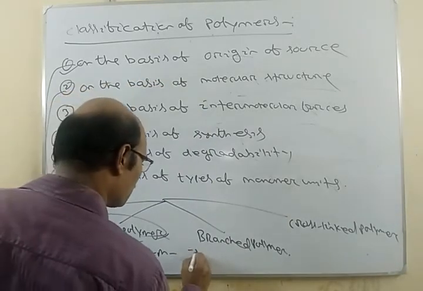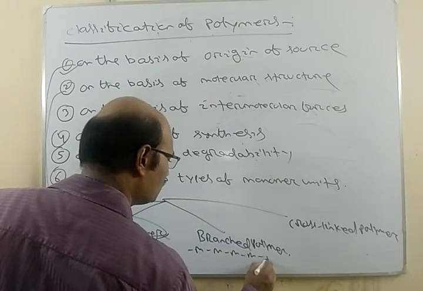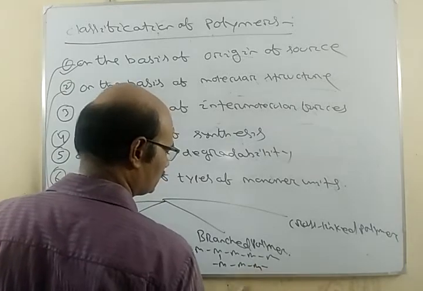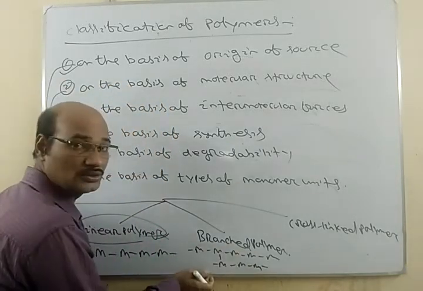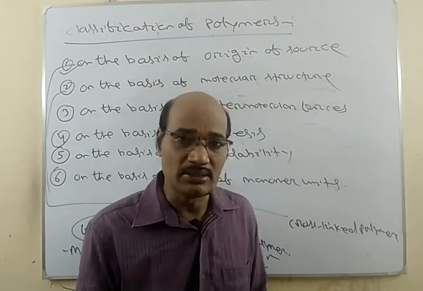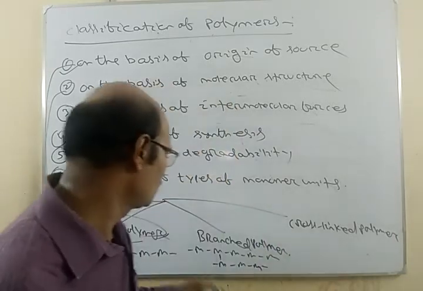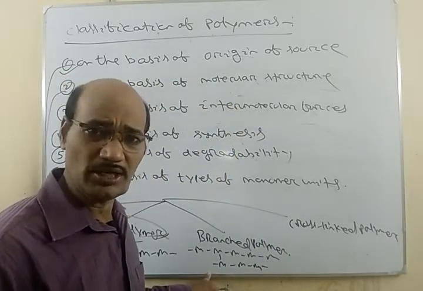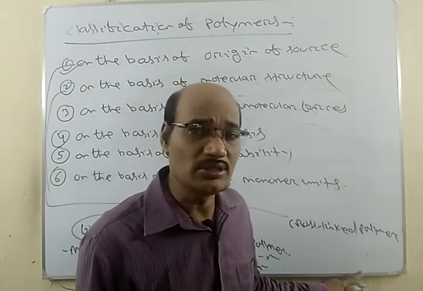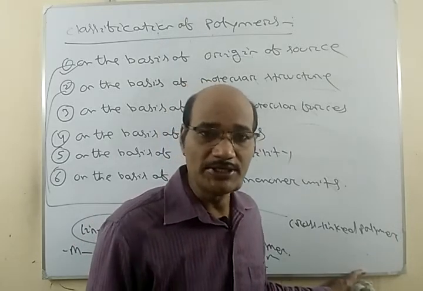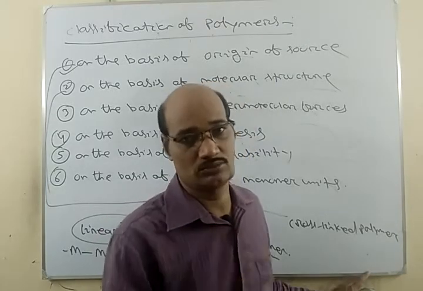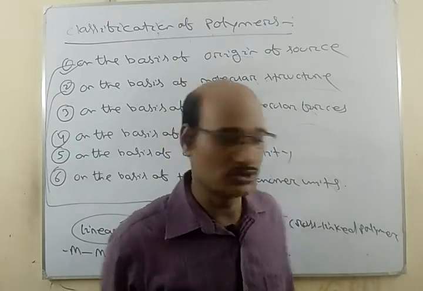Now here I have M, and again M here. So here is a straight chain, again a branch. So those polymers which have a straight chain as well as a branch chain are called branched polymers. Okay, and cross-linked polymers are those where the monomer units are joined together to form different chains which form a three-dimensional network-like structure. That is called cross-linked polymers.